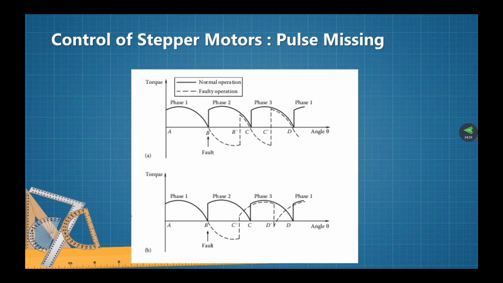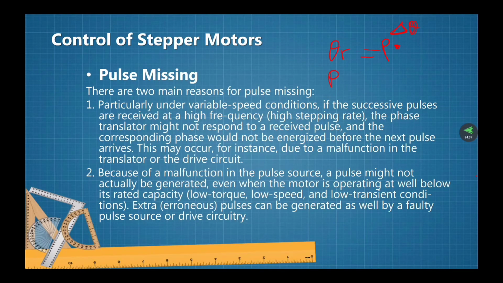And in both interpretations of the pulse missing, the first is particularly under variable speed condition. If the successive pulses are received at a high frequency, the phase translator might not respond to the received pulse, and the corresponding phase will be energized before the next pulse arrives.